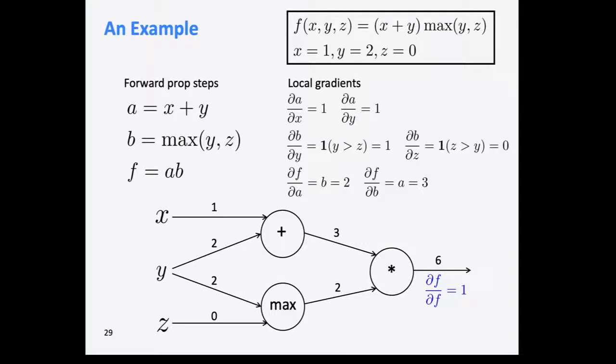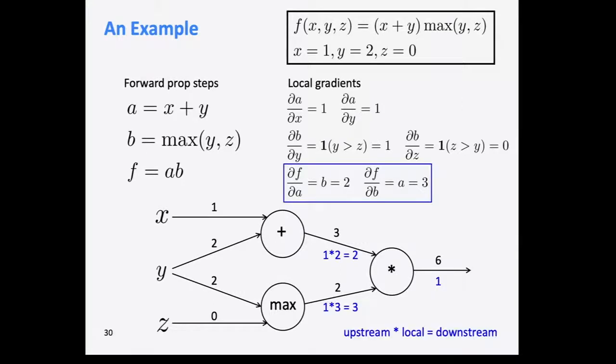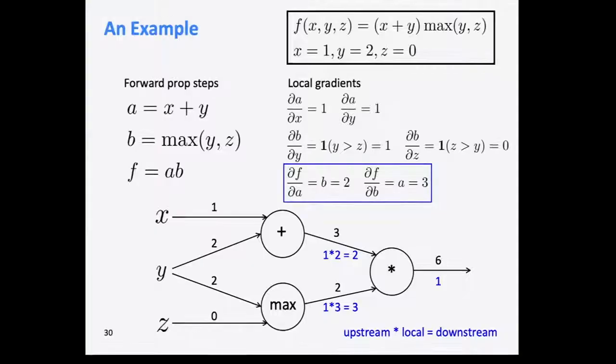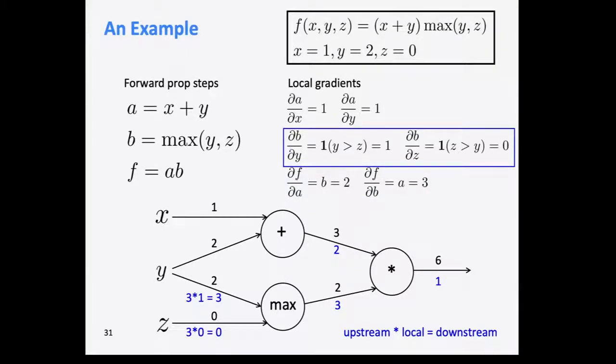The partial of f by a is 2, and the partial of f by b is 3. So formally, we're taking the local gradients, multiplying them by the upstream gradient, and getting our 3 and 2. And notice that effectively the values on the two arcs swap. And then we continue back.